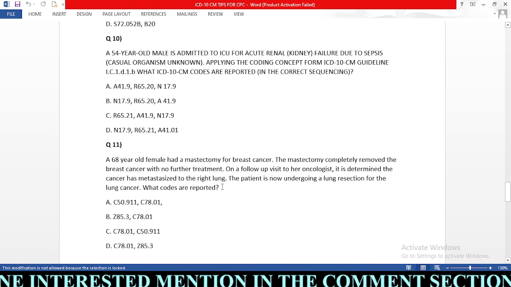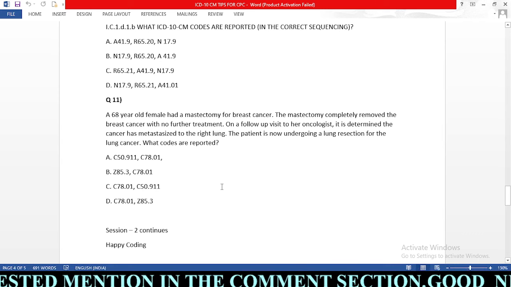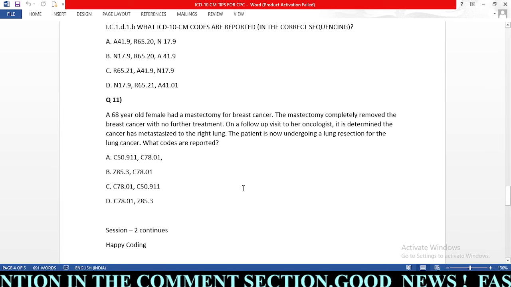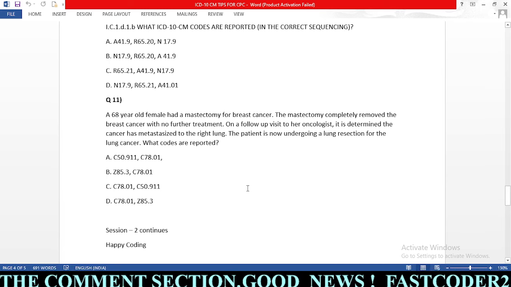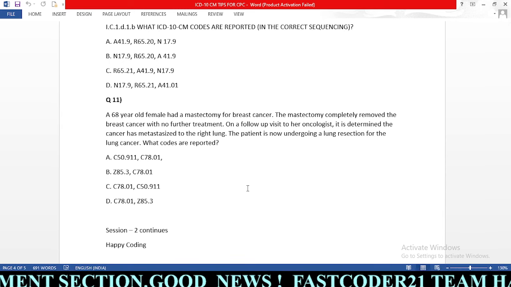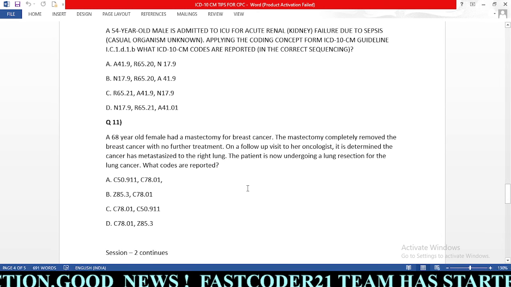So next question. A 68-year-old female had a mastectomy for breast cancer. So mastectomy completely removed the breast cancer with no further treatment. On a follow-up visit to her oncologist, it is determined that the cancer has metastasized to the right lung. The patient is now undergoing a lung resection for the lung cancer. How do you report this scenario?